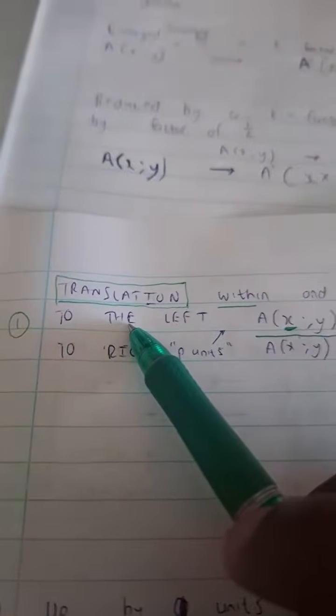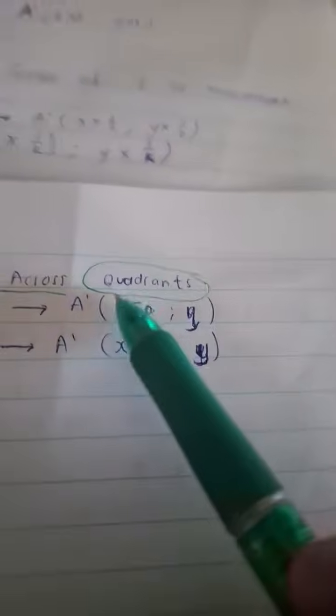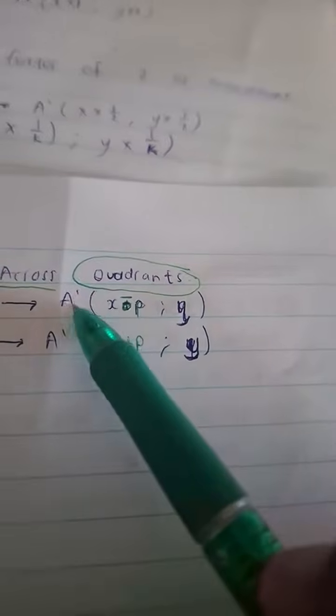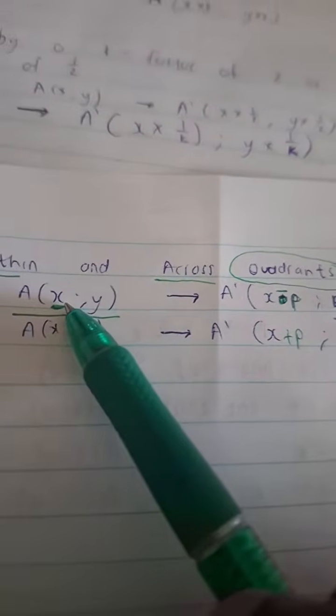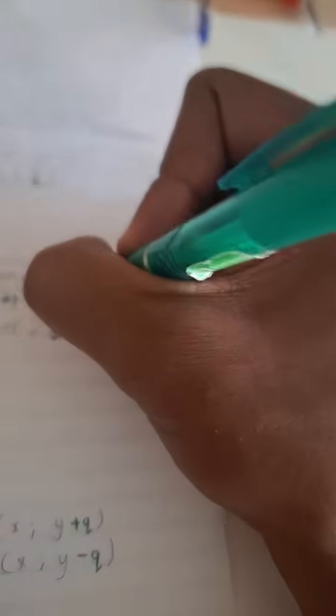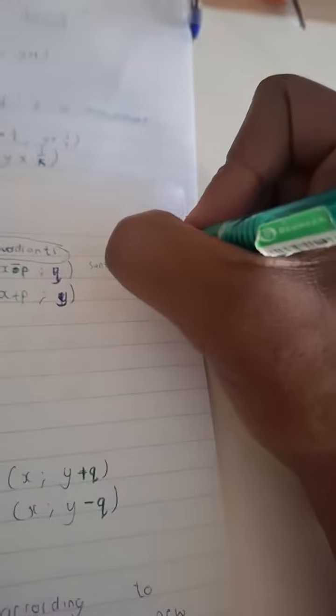So who is affected? X. How? If we moved, let's say, p units to the left, then the image of A is affected in x. But since we say to the left, it means we are going to subtract from x.